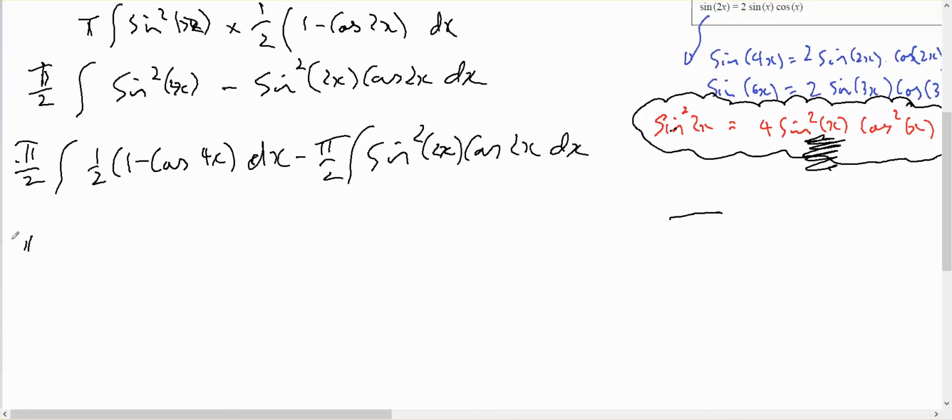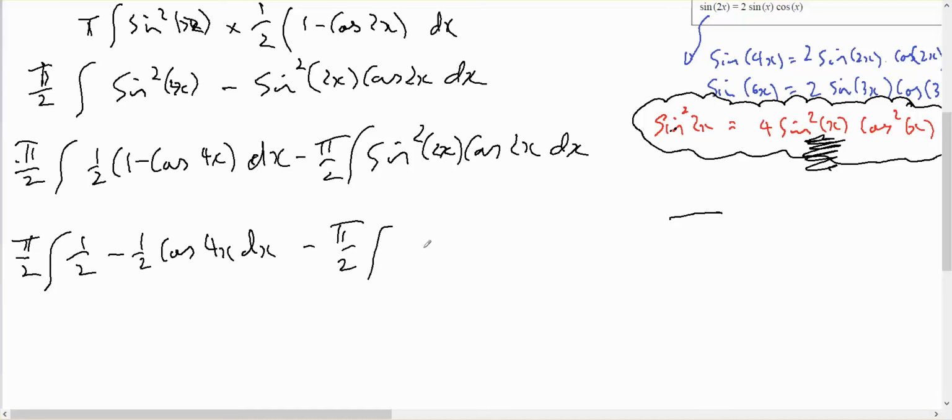So it's going to be pi on 2 integral of a half times 1 is a half minus a half cos of 4x dx minus pi on 2 integral sine squared 2x cos of 2x dx.